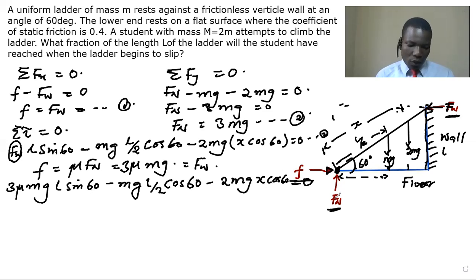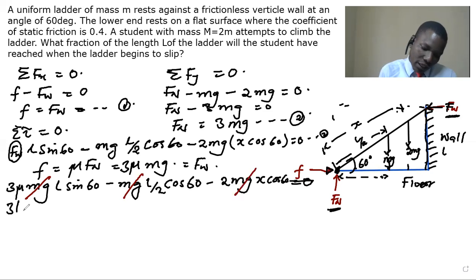Okay, so we can see something that is common here, and that thing that is common is mg. So we get rid of mg, and then we can plug in the values.